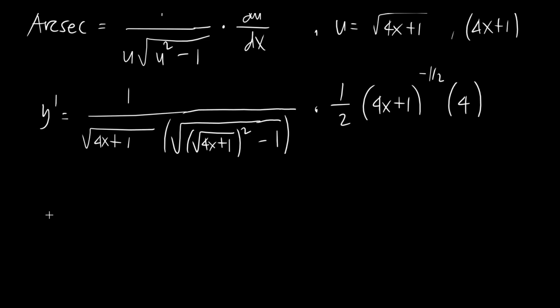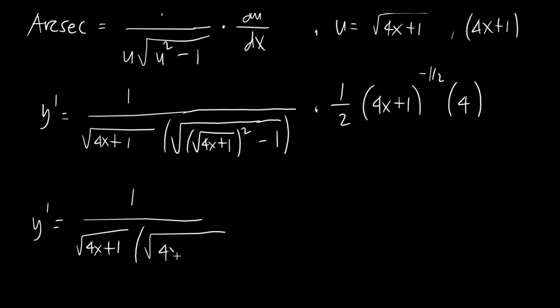So let's simplify further. We have y prime is equal to 1 all over the square root of 4x plus 1, multiplied by the square root of 4x plus 1 minus 1, then multiplied by 2 all over the square root of 4x plus 1.